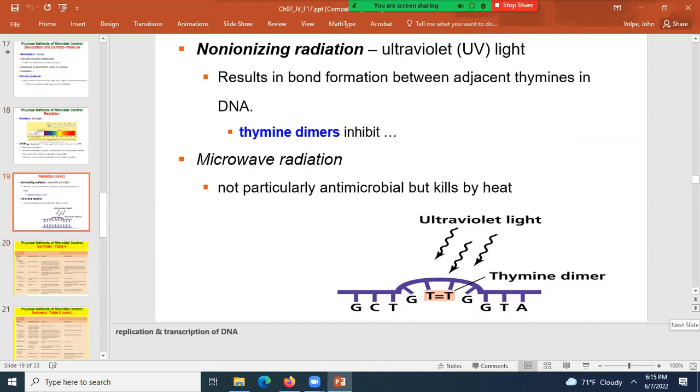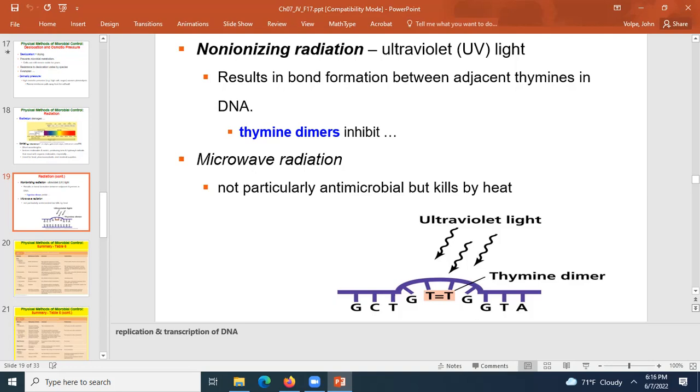Microwave radiation is not particularly antimicrobial inside an object. It is effective in treating surfaces or the outside of a microbe or some object.